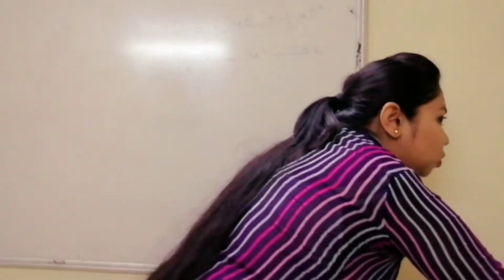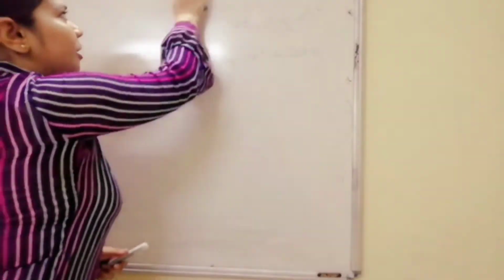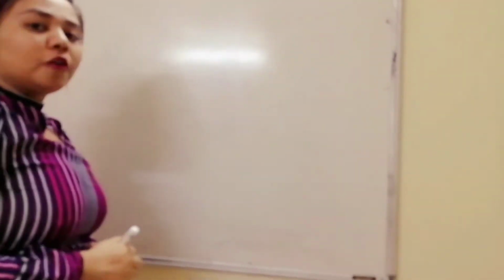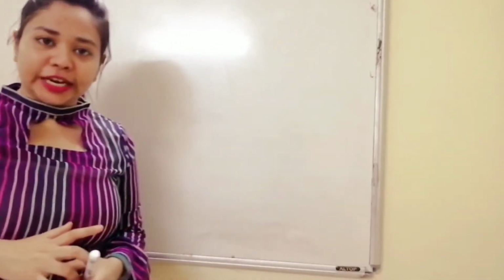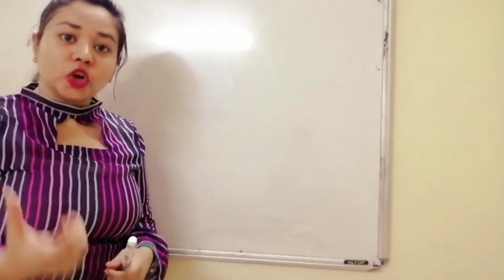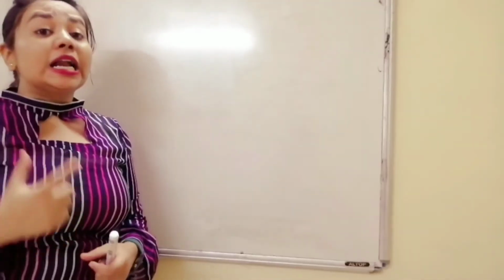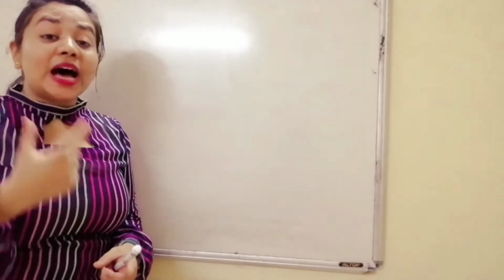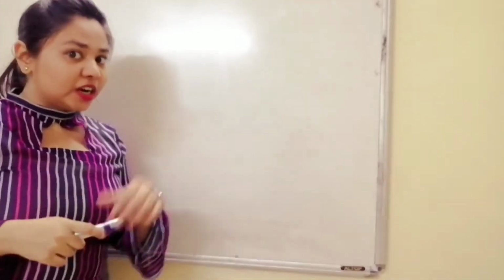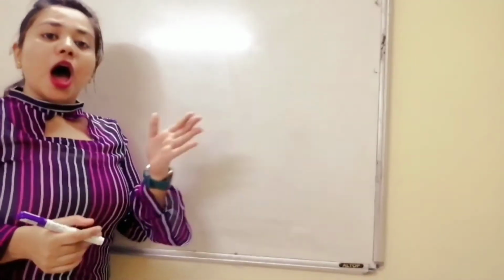Then we came to the 3 laws of motion. The first law of Newton says that an object remains at rest or in uniform motion until and unless an unbalanced force acts on it. We studied balanced and unbalanced force.